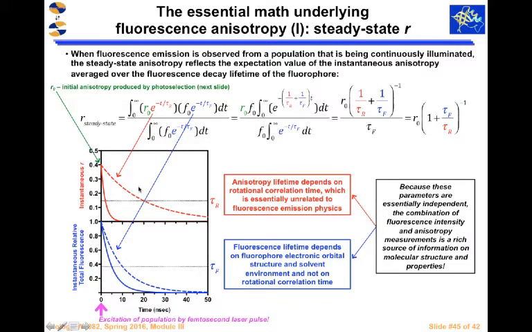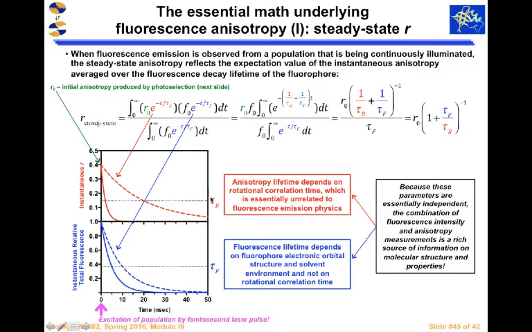Their other incredibly convenient property is that you can describe the rotational decay, right? You can describe the rate of decay of the anisotropy by a simple single exponential term related to the rotational diffusion coefficient, right?